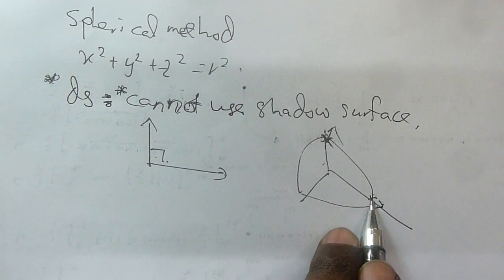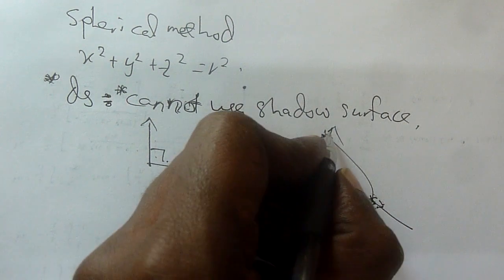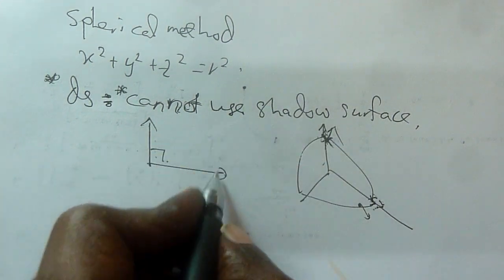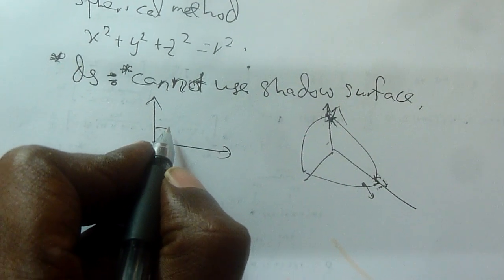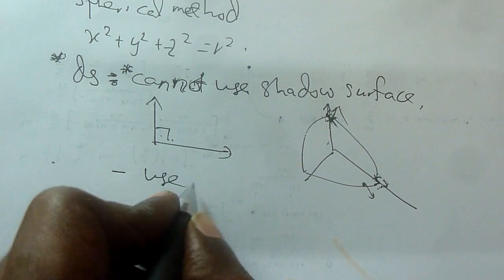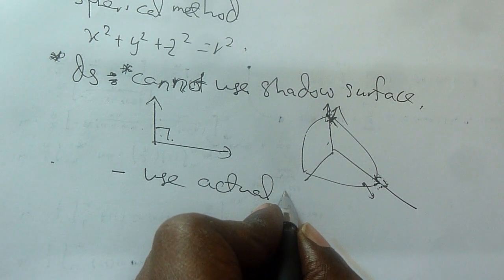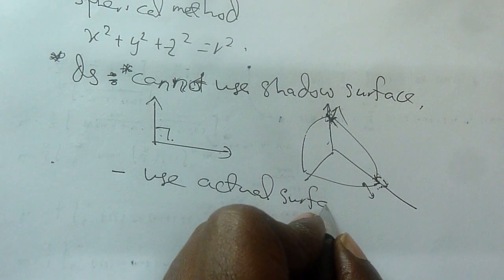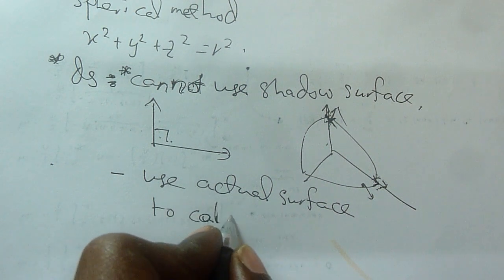You may have a problem at the end, therefore these two ends will give you 0. Therefore, use the actual surface to calculate.